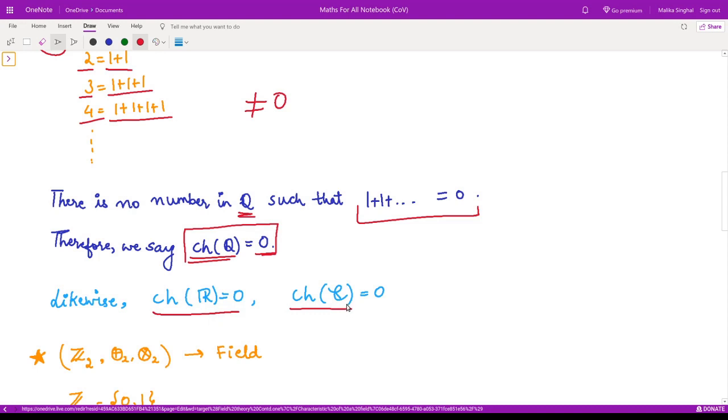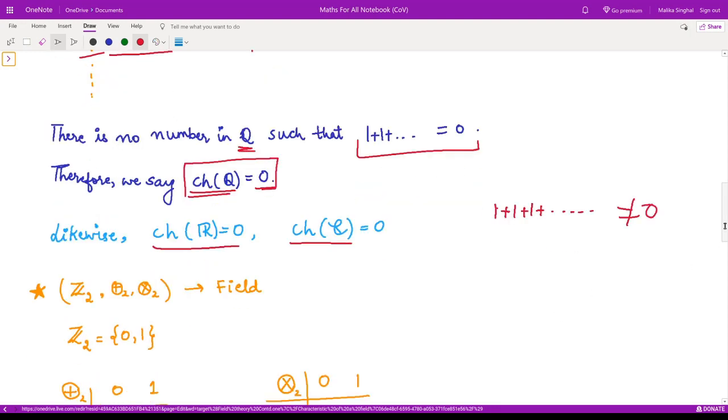The characteristic is 0 because whatever times you add 1 to 1 and so on, you'll never be able to achieve 0. The sum won't be equal to 0 at any time, right?